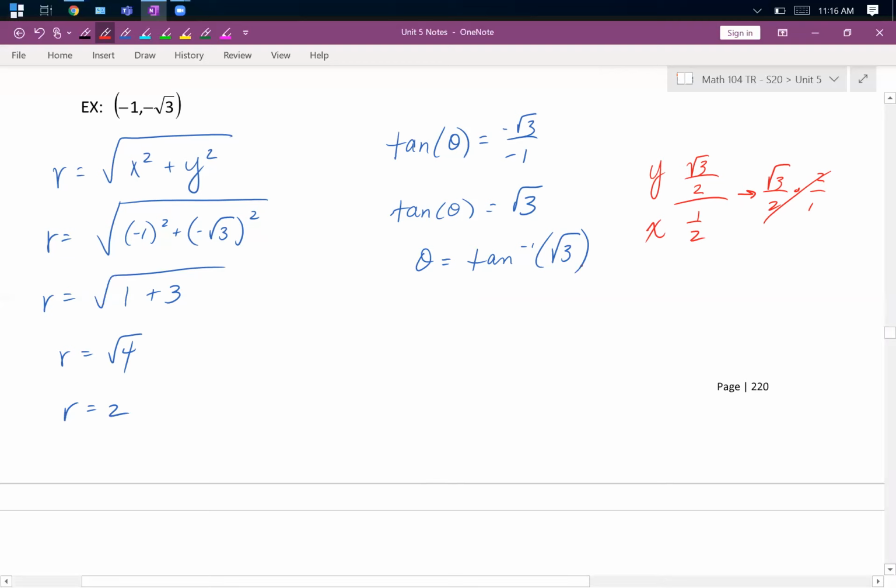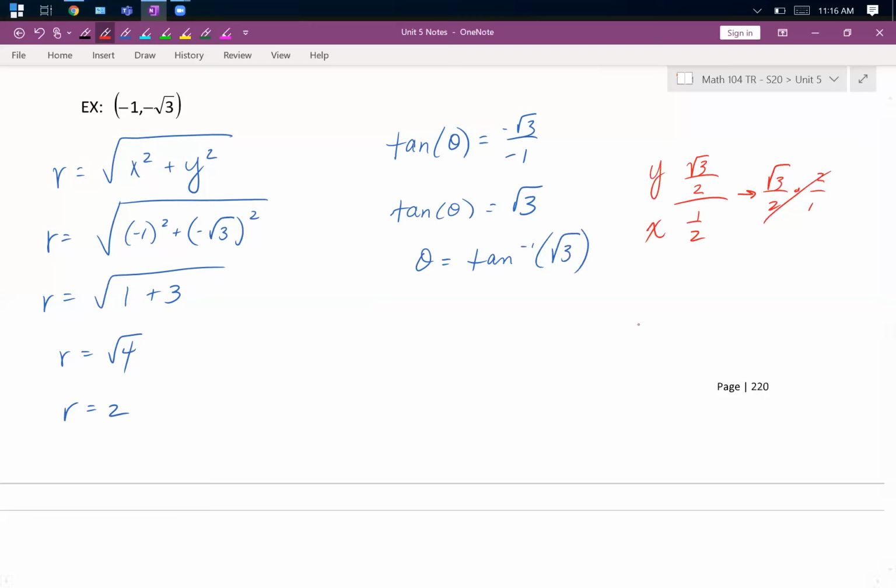And our tangent value is positive. Tangent is positive in quadrants 1 and 3. But which of those two quadrants do we actually want to be in? The third, because our ordered pair are both negative. Exactly. We want to be in the third quadrant because our ordered pair x and y are both negative.